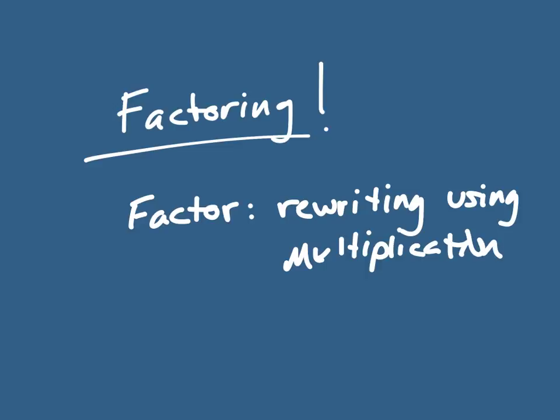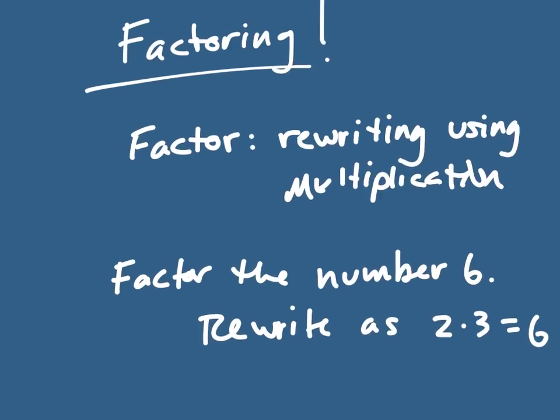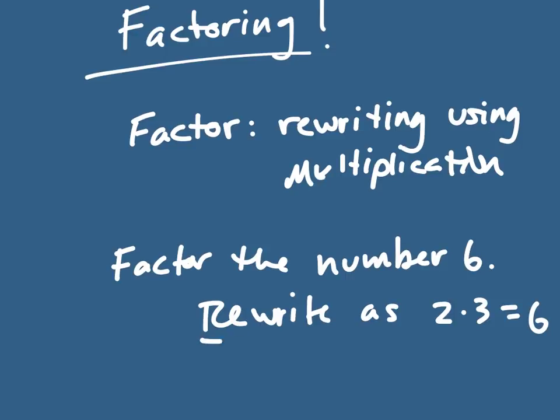So if I were to factor the number 6, I would rewrite it as, say, 2 times 3, and that's equal to 6. So all I'm doing is rewriting stuff using multiplication, okay?